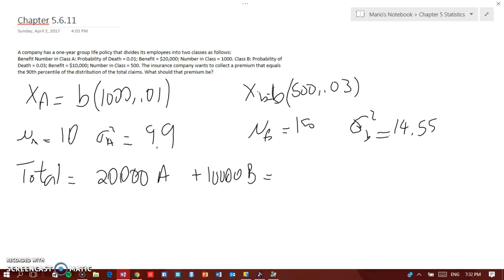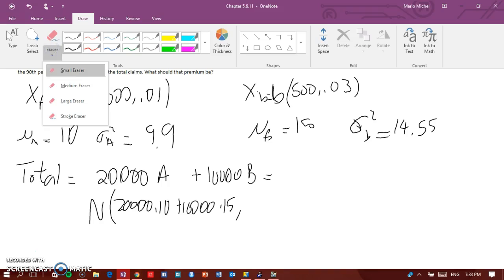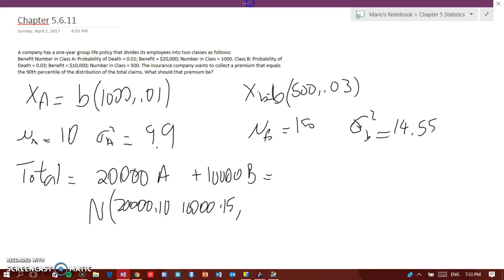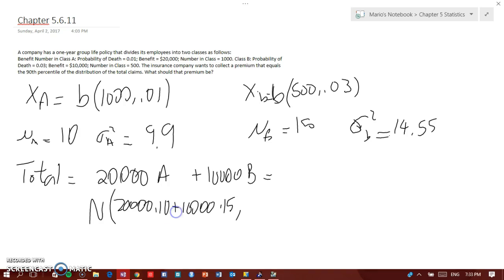So that would have a normal distribution, with 20,000 times 10 as the mean, plus 10,000 times 15, and that will be the mean of the normal distribution of that.